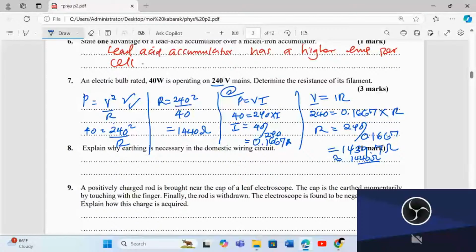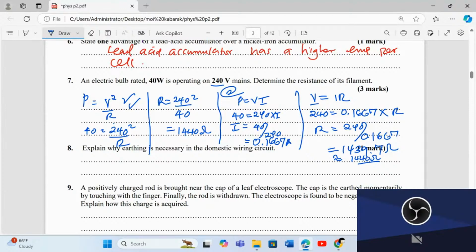Explain why earthing is necessary in the domestic wiring circuit. Earthing is done on the neutral wire, and the purpose of this one is to neutralize circuits. But here the question is specific on domestic wiring.